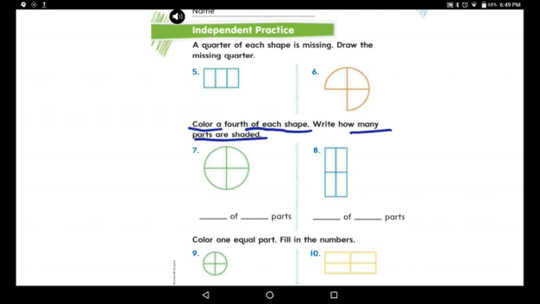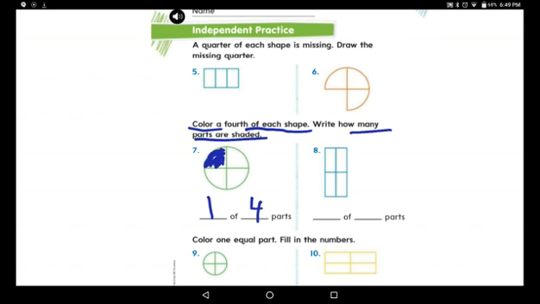So let's see. Here I will color one. Okay, colored one. How many is shaded now? Shaded means colored. How many? It's 1 of 4 parts. I just colored one of the whole 4 parts. Now I will color here. You can color it by yourself.